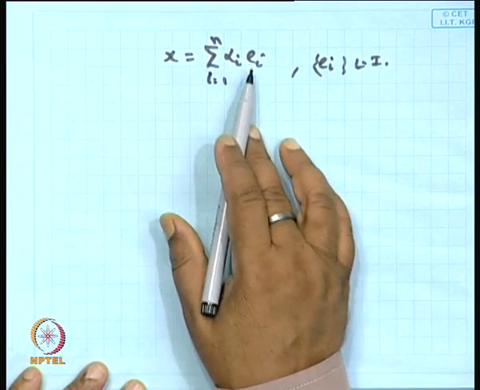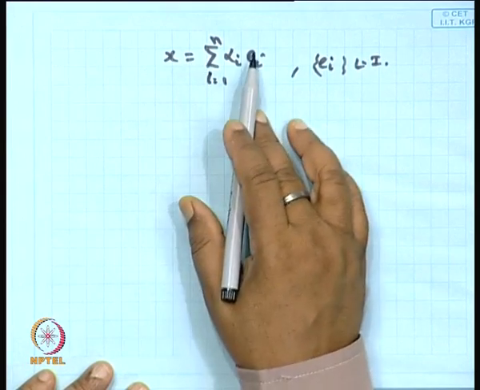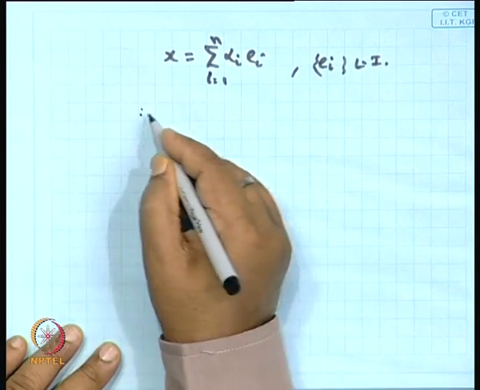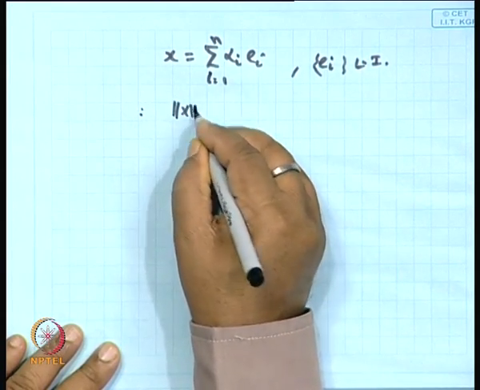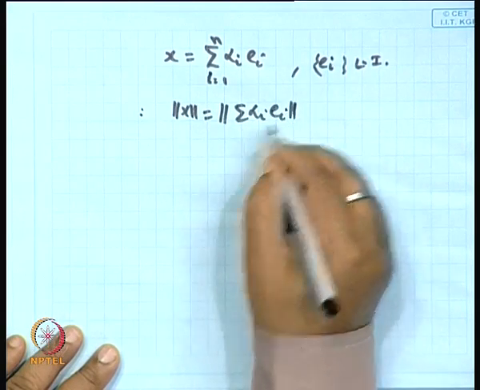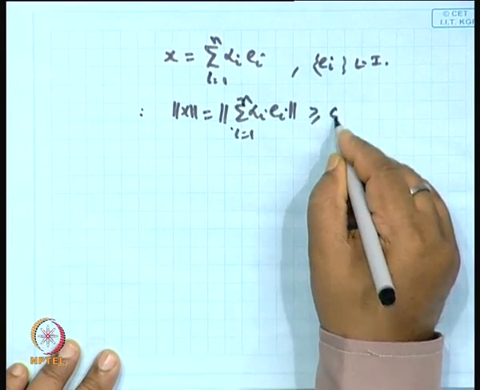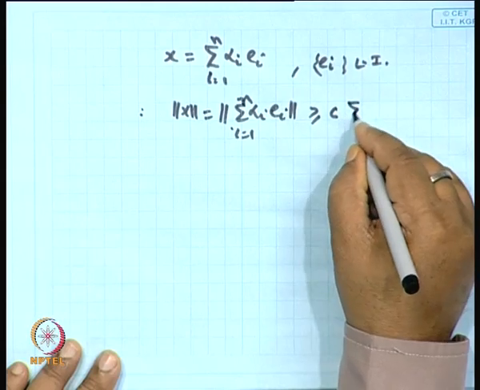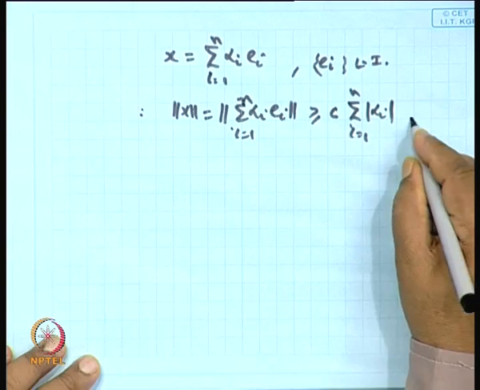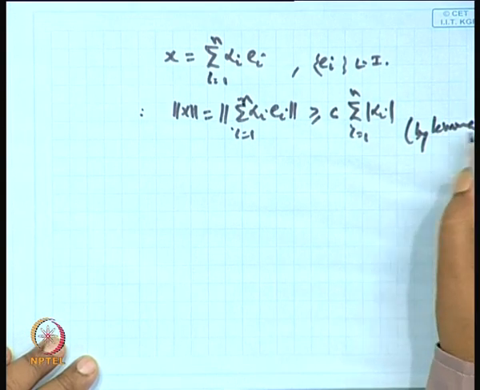That is, one can find a constant c such that the norm of this is greater than or equal to c times sigma of this. So, we get from here the norm of x, which is equal to the norm of sigma alpha_i e_i, i equal to 1 to n, and again apply this. So, there will exist a constant c such that this condition holds by the earlier lemma proved earlier.